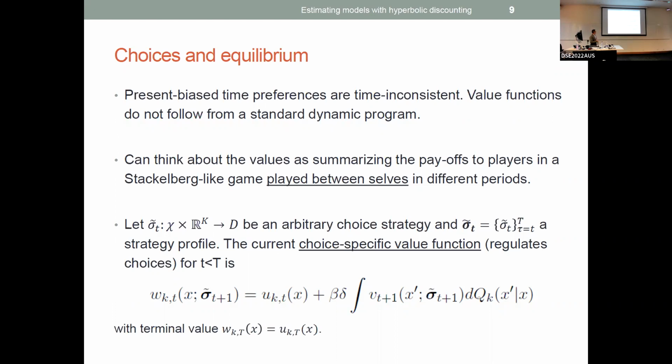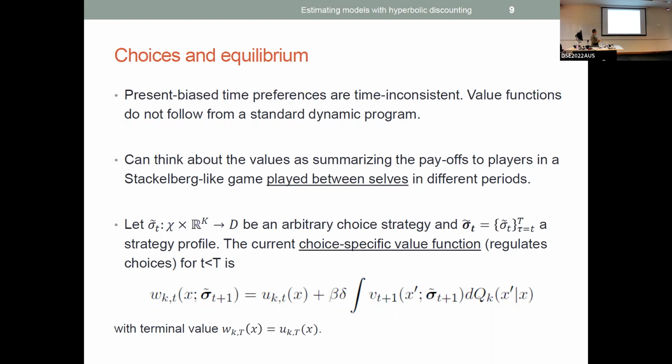Now, more notation. We denote sigma tilde t to be an arbitrary choice strategy, and boldface sigma tilde t, a collection of the choice strategies from the current period to the end of the time horizon, to be a strategy profile.